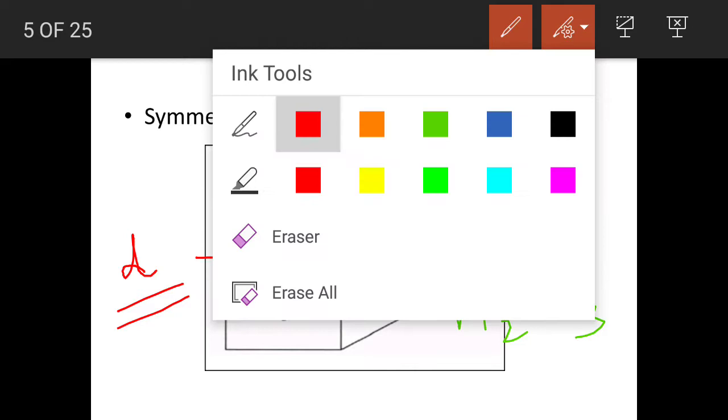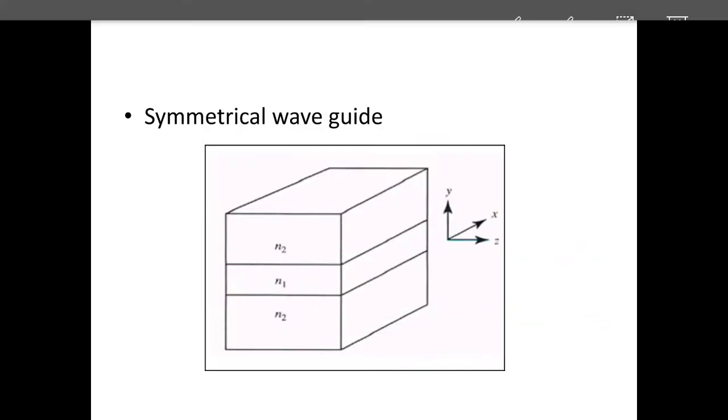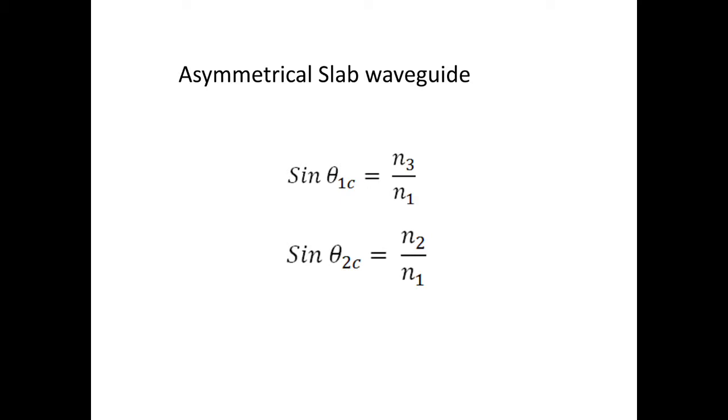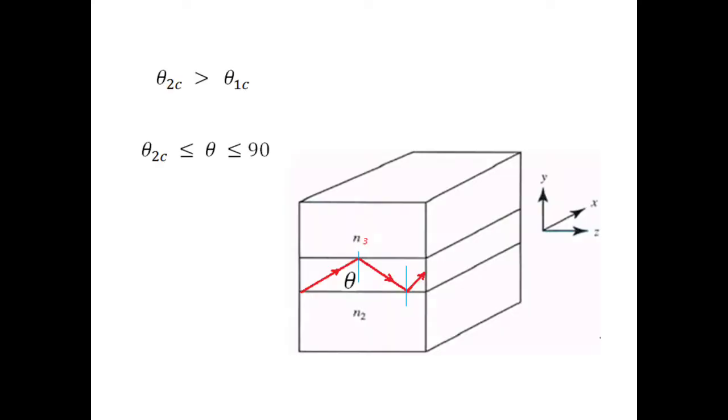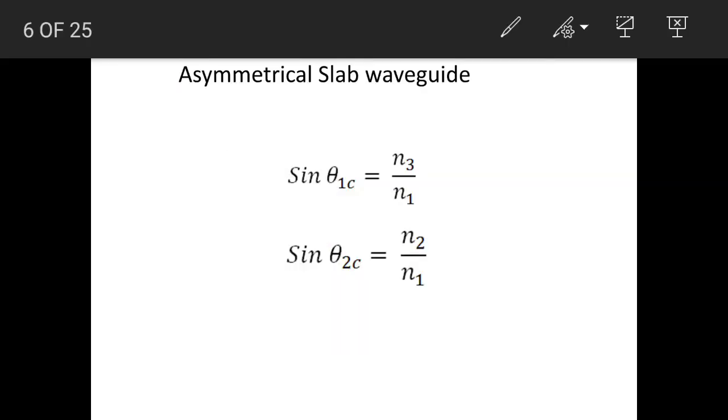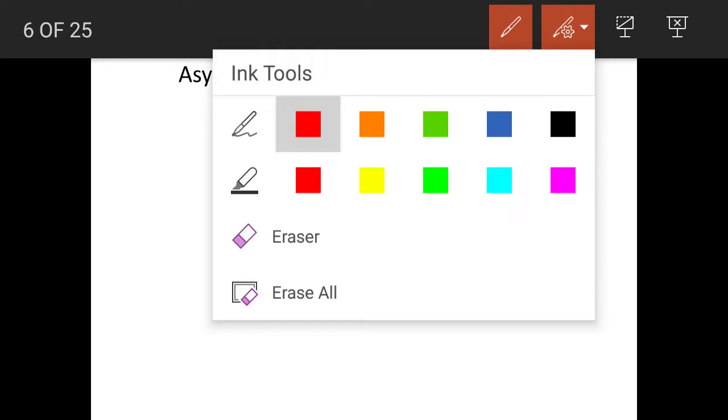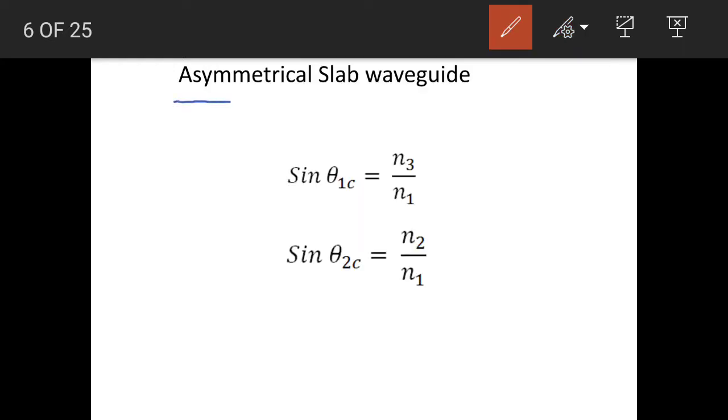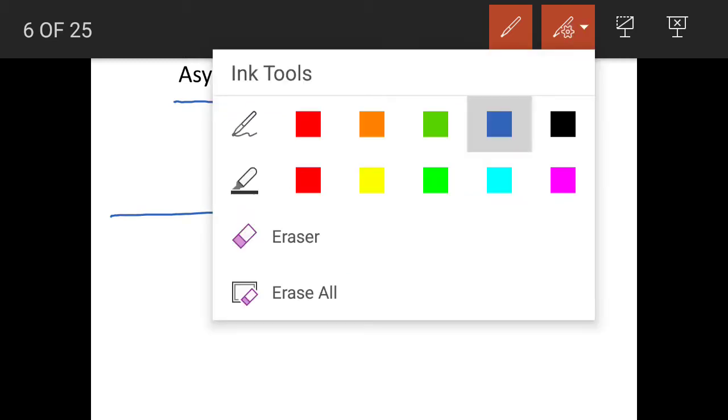So let us consider asymmetrical slab waveguide, and we calculate that there will be two critical angles. The ray will move towards, let me consider the top layer. Here is the top layer.